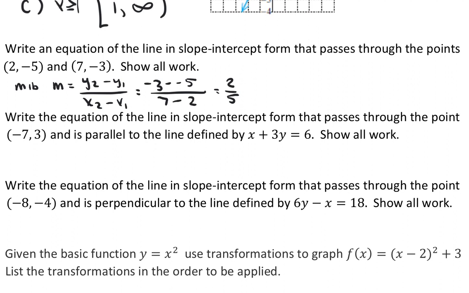So if we put it in our slope-intercept form, we have y equals 2/5 x plus b. And then we can plug in a point and solve. So we know that negative 5 is y, and x is 2.